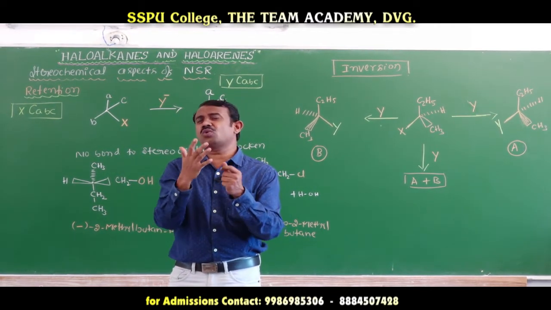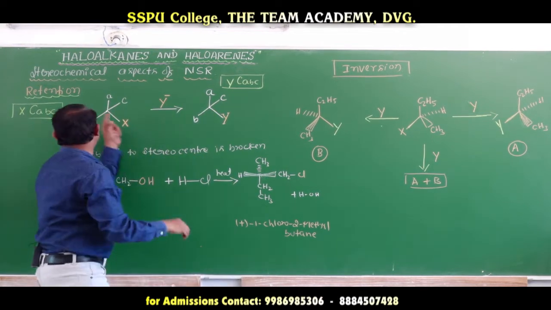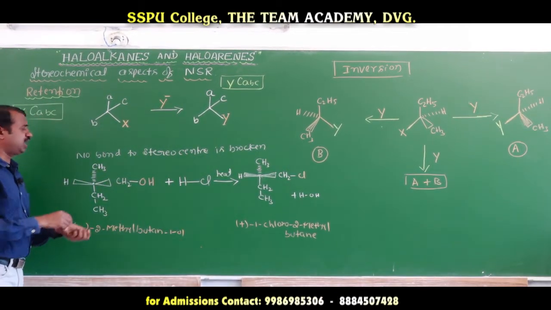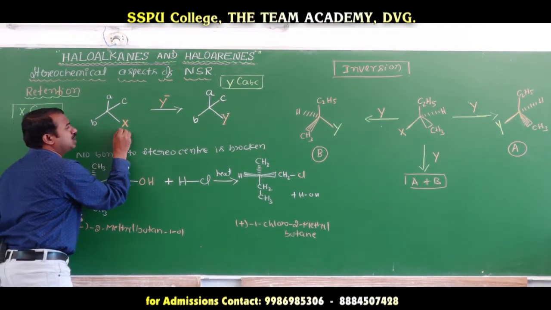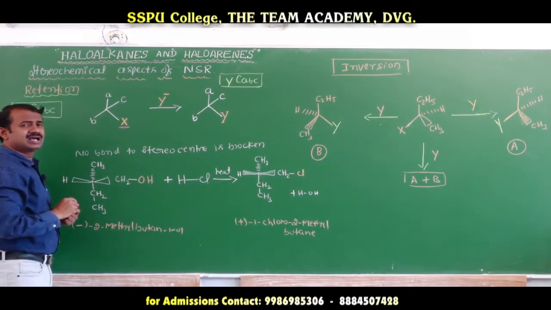Let us go one by one: inversion of configuration and retention. In retention of configuration, there is a carbon atom attached to a halogen.